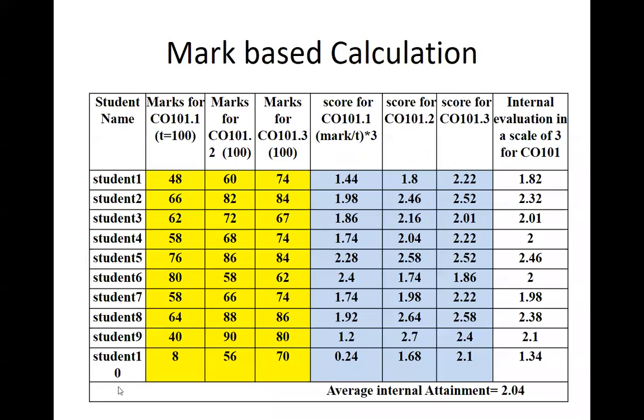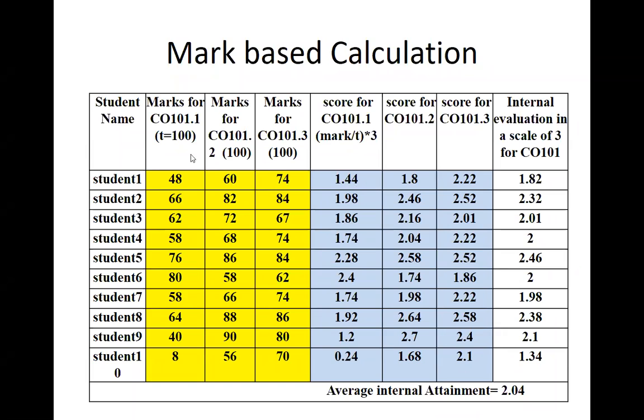I have taken 10 students here. I have written down their marks. I have normalized the marks by dividing by 100, converted it to a scale of 3 by multiplying by 3 for all the 3 course outcomes.